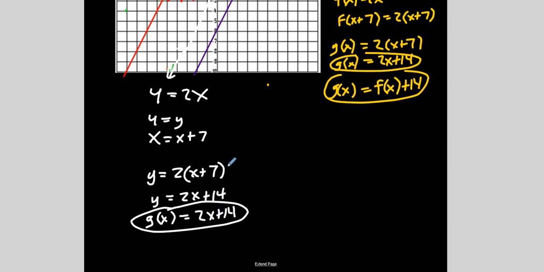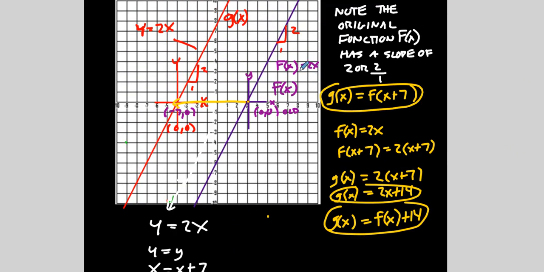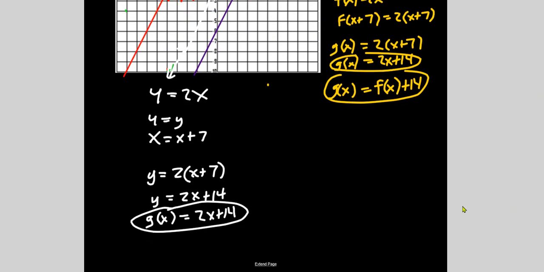Now we remember that f of little x is 2 times little x, so I could replace this with f of x. So a second way to write this is g of x equals f of x plus 14. Okay. Finally, let's go back to here.